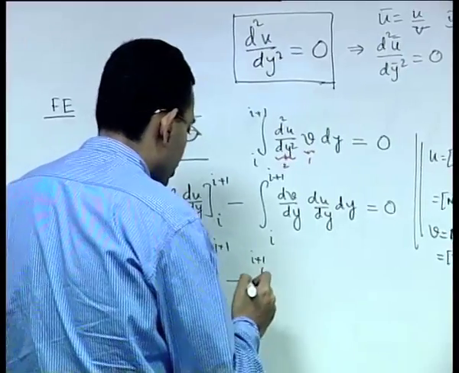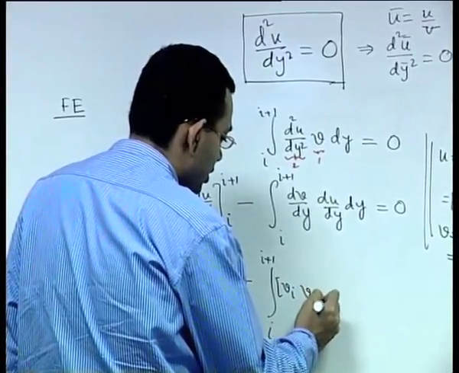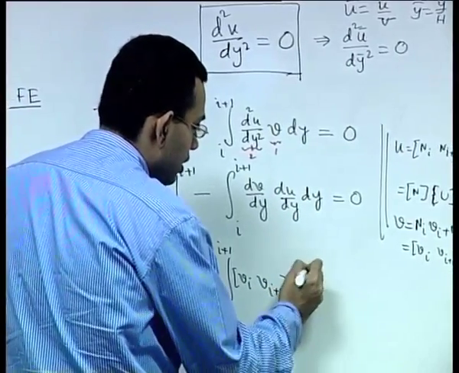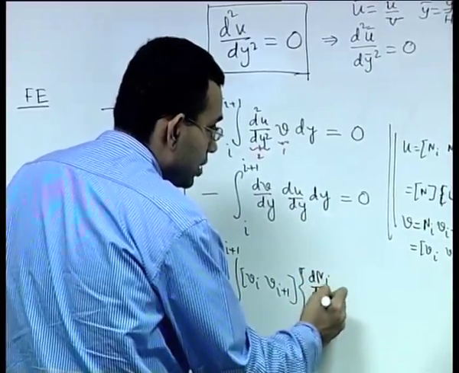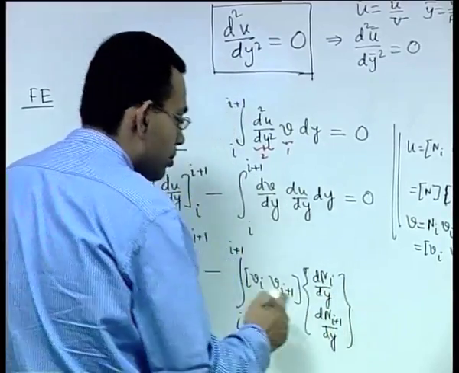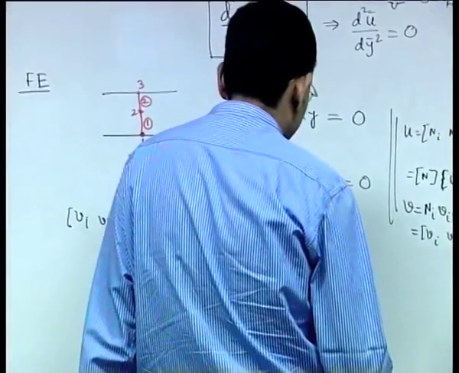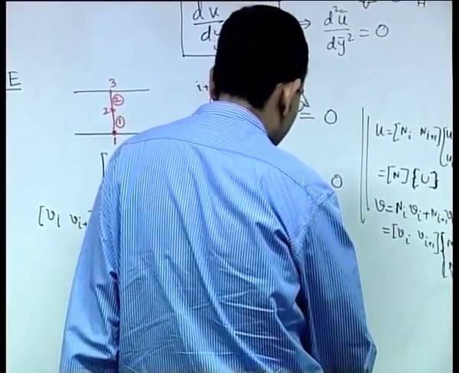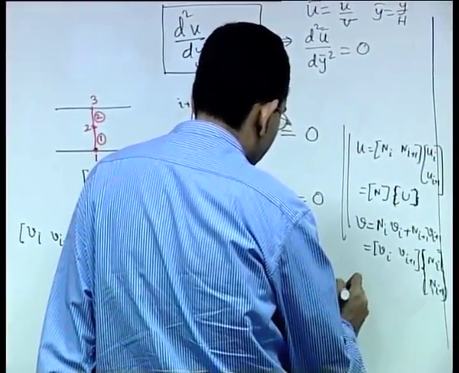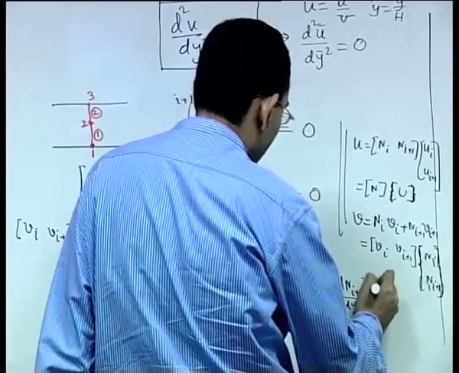Again we can put Vi, Vi plus 1 and this will become dNi dy, dNi plus 1 dy, because N's are functions of y but V's are not functions of y. Similarly, in place of du dy you can write dNi dy, dNi plus 1 dy.